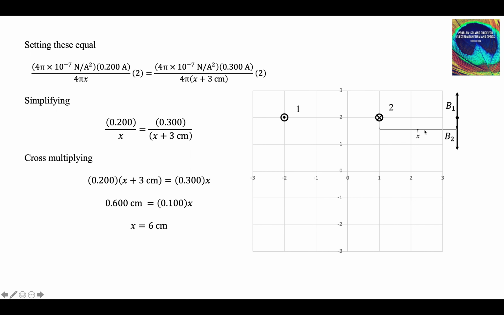So this distance is 6 centimeters. Don't mess up now, you're almost there. The point at which the field is 0 is 7 centimeters in the x direction, and then up 2 centimeters in the y direction. 7, 2. Now, get to work, do a lot of problems.